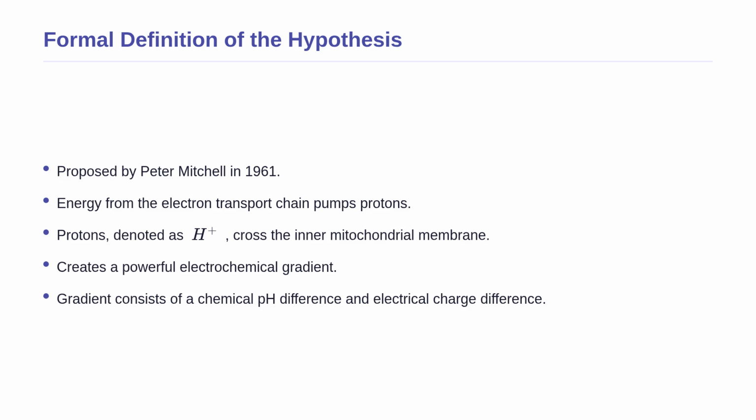This pumping action creates a powerful electrochemical gradient. This gradient has two parts, a chemical difference in pH and an electrical difference in charge. Because nature hates imbalance, these protons desperately want to flow back to equalize the pressure.